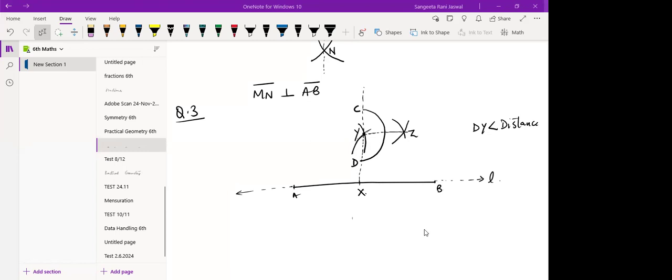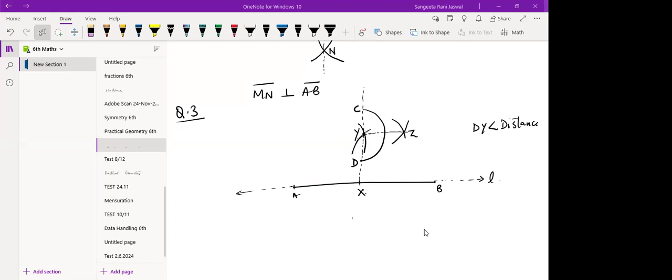Then we joined X and Y. After that, with the center at Y, we made a small semicircle on XY. Then we named these two points as C and D. Then we took the compass measurement more than YD and marked an arc.